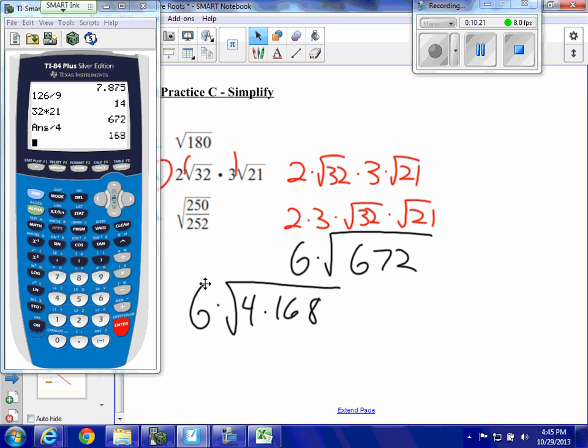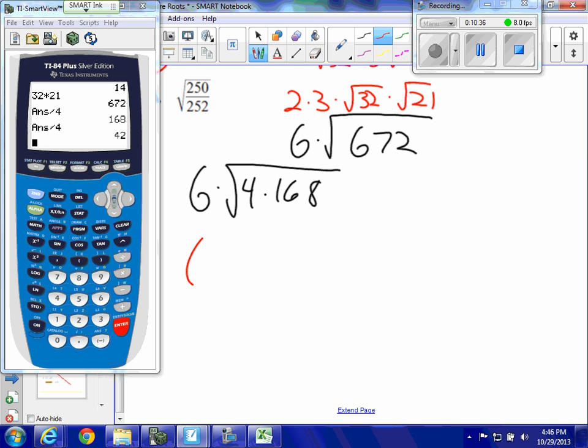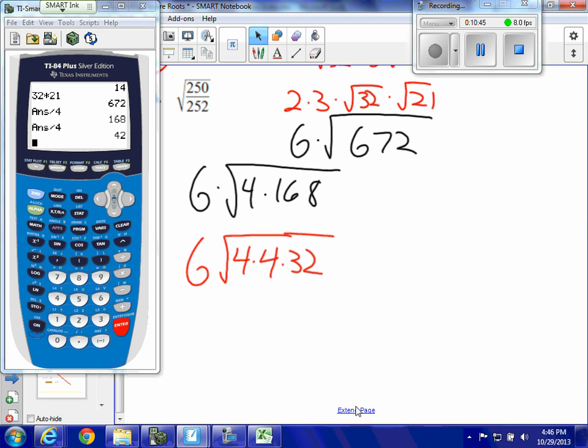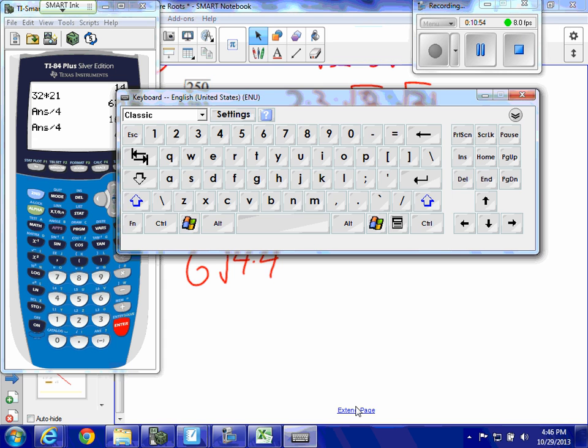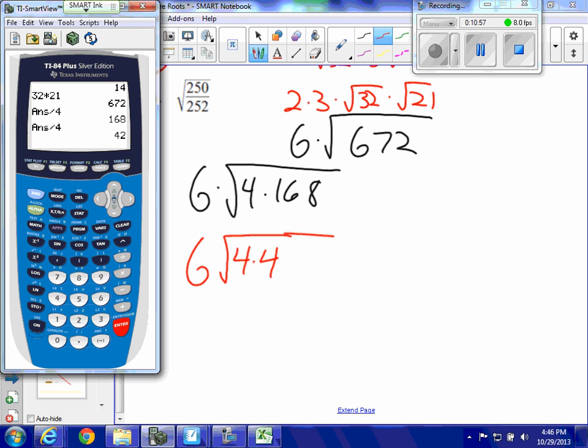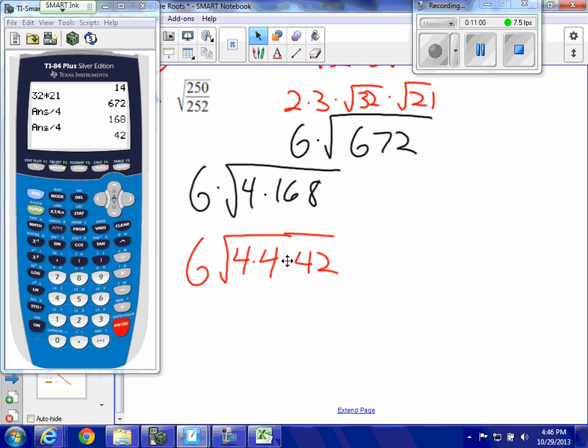But looking at 168, I'm saying that's a pretty big number too. I wonder if that's divisible by something else. I'm going to try 4 again. Divide by 4. What do you know? 42. So it's equal to 6 radical 4 times 42. 42 is not divisible by 4. Is 42 divisible by 9? No, 42 is not divisible by 9.